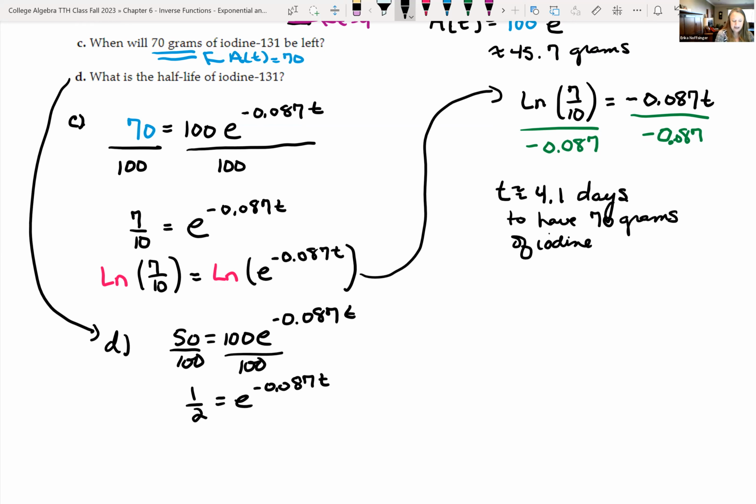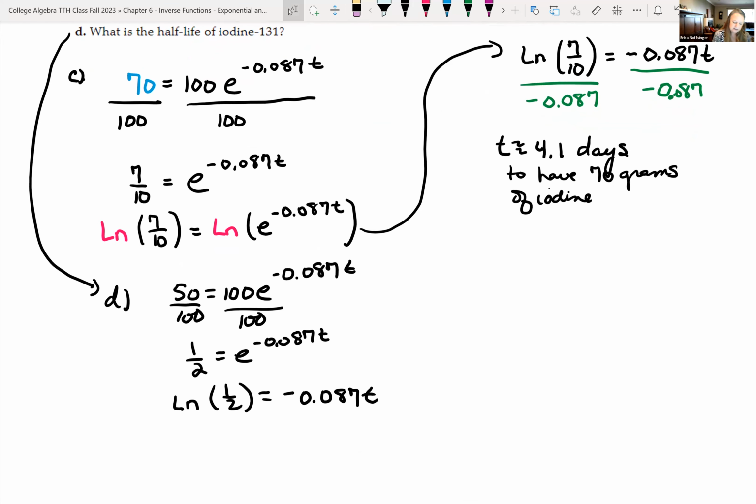t is in the exponent, so we can take the natural log of both sides of our equation. Well, the natural log of e is just its exponent, so I'm just going to do that right now because we're running out of time. So the natural log of e to the negative 0.087t is negative 0.087t. Let's divide both sides by negative 0.087.